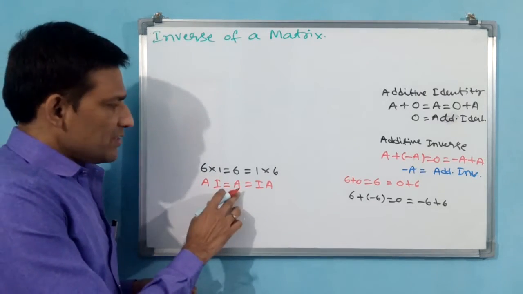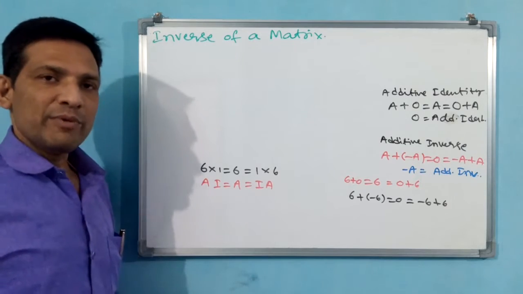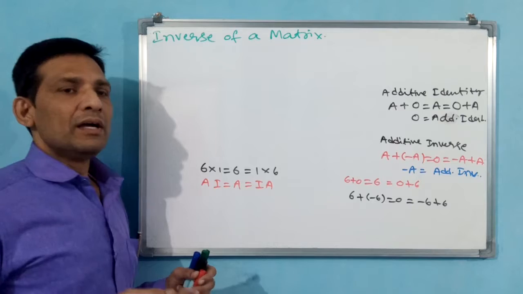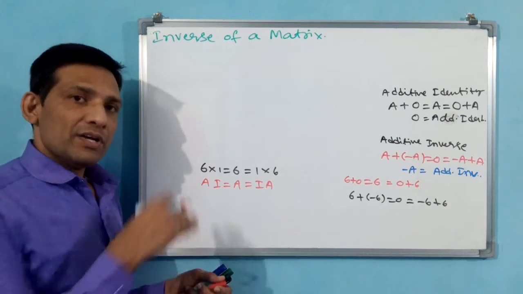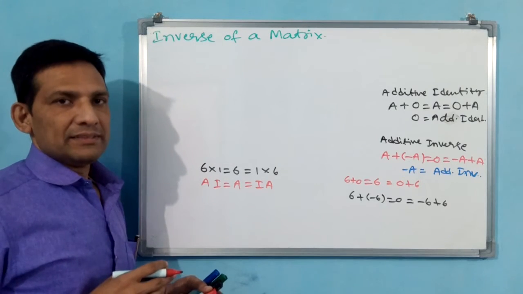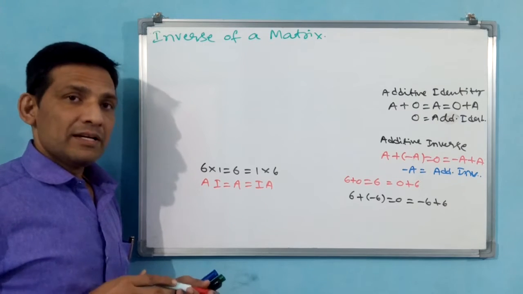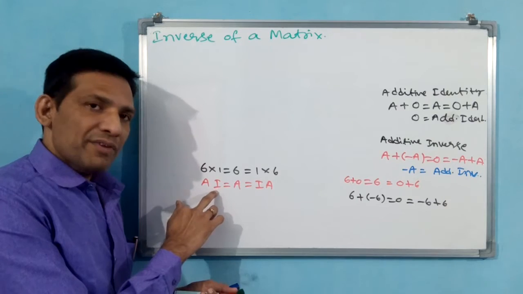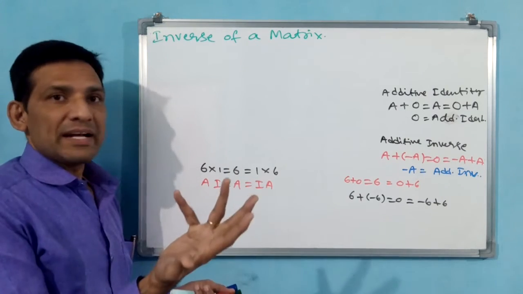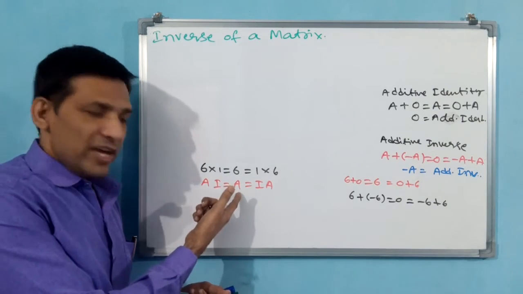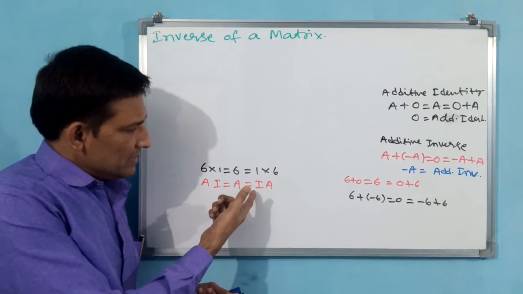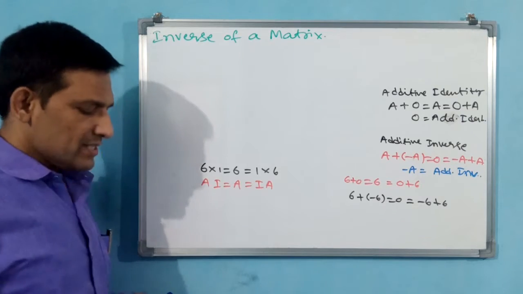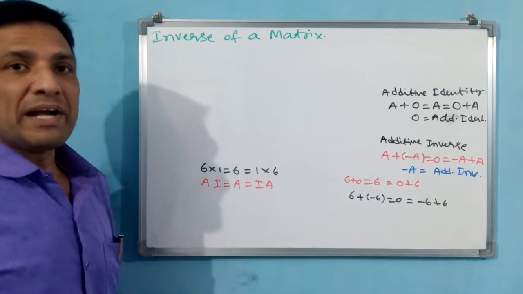AI is equal to A, that is equal to IA. That means if you multiply any matrix with the identity matrix, the same matrix is going to come as the result. If you multiply matrix A with identity matrix I, A is going to come. Then if you multiply IA, also A only is going to come. That means here I is the multiplicative identity.